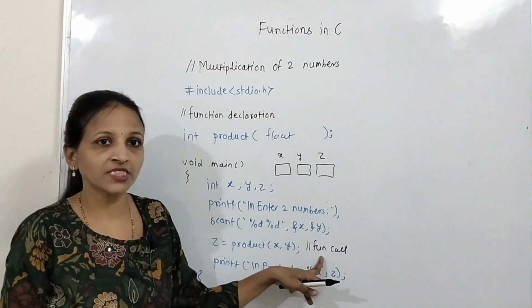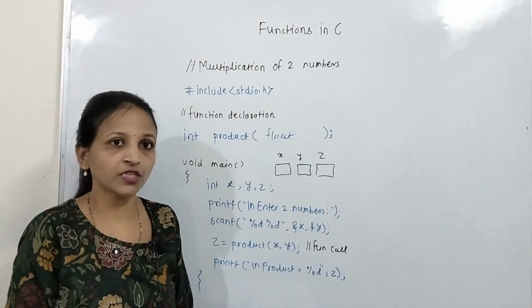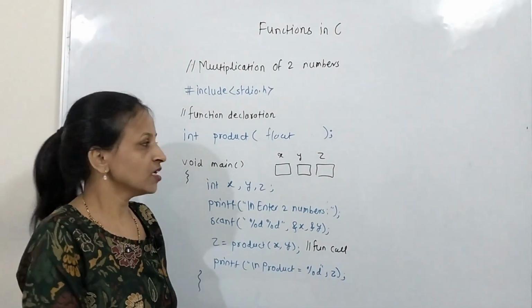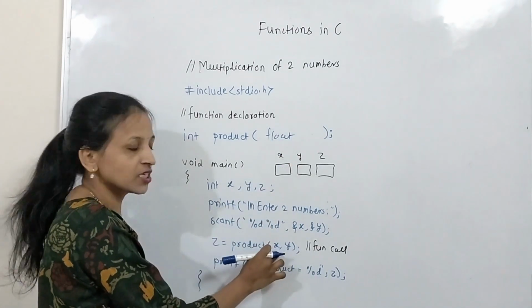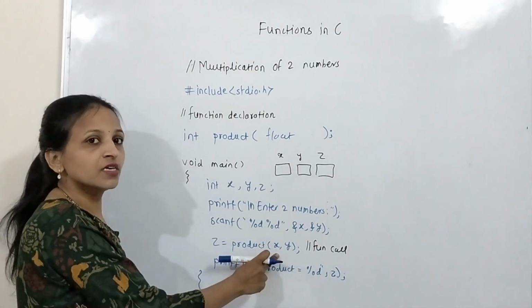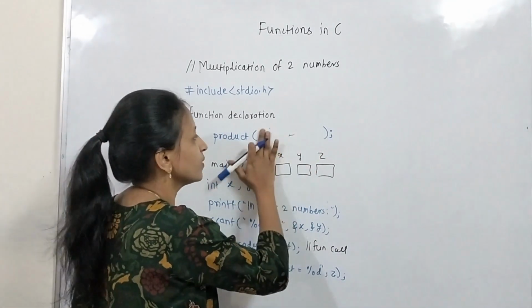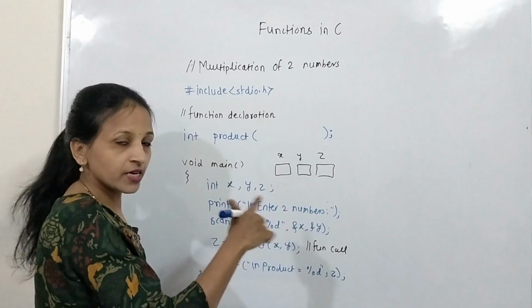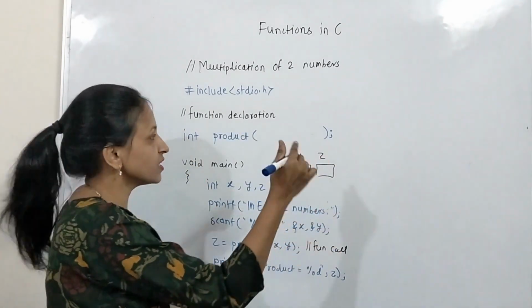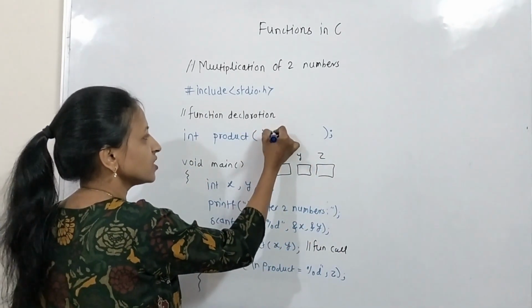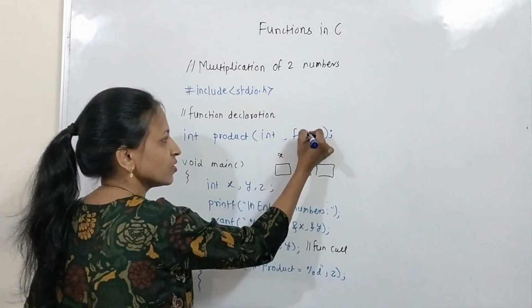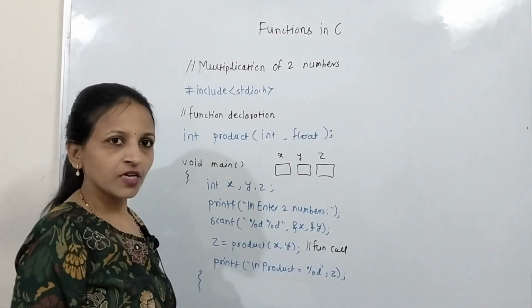The number of arguments and the data type of arguments, everything should match between the function declaration and the function call. The sequence also matters. Suppose the first argument is of type integer and the second argument is of type float, that is okay, no problem.